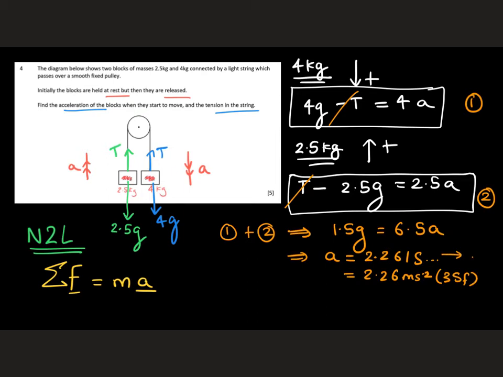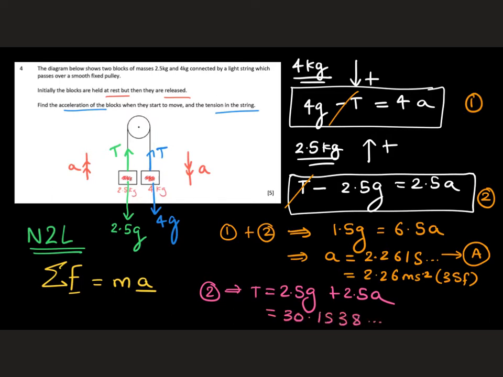But don't forget to store that in a calculator memory so you can use it then to calculate the value of the tension. So equation 2 tells me that tension equals 2.5g plus 2.5a, which equals 30.1538... So that's 30.2 newtons to 3 SF.